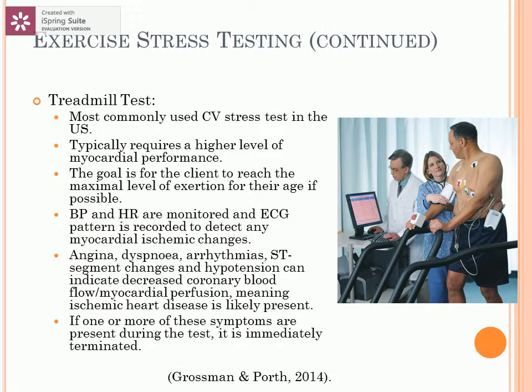So angina, dyspnea, so breathlessness, arrhythmias or ST segment changes, and hypotension, so low blood pressure, can indicate decreased coronary blood flow and myocardial perfusion, meaning that ischemic heart disease is likely there. If one or more of these symptoms are present, the test is immediately terminated.